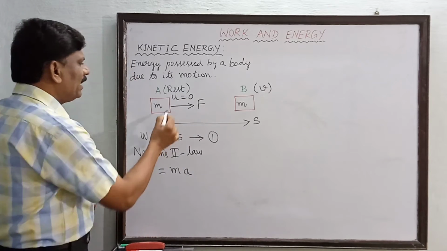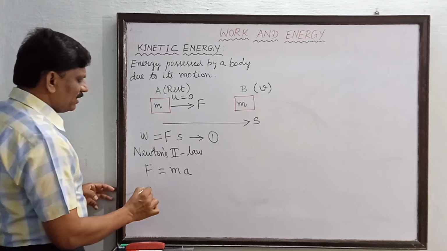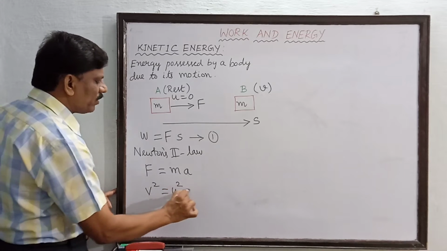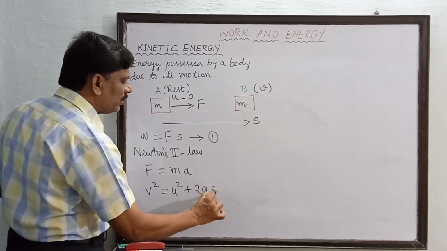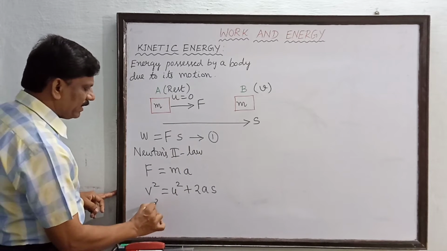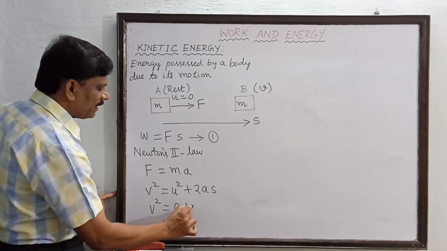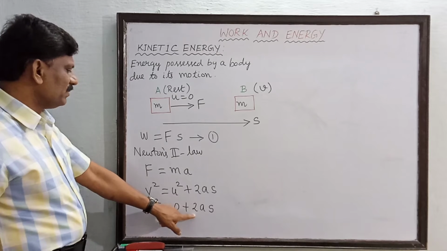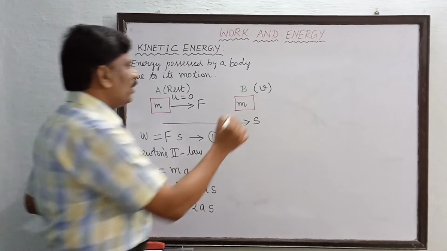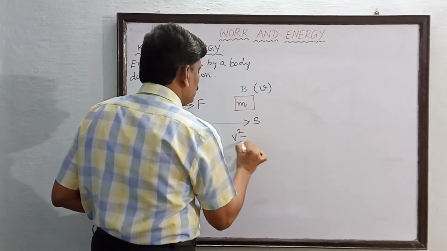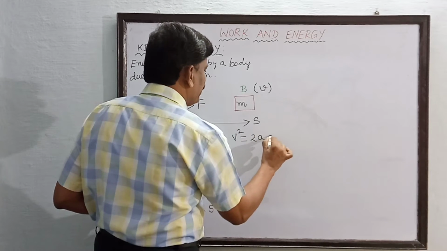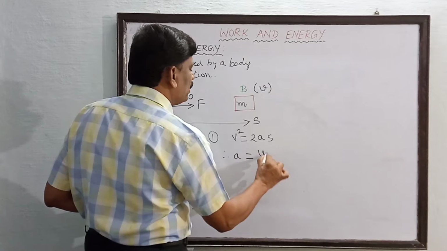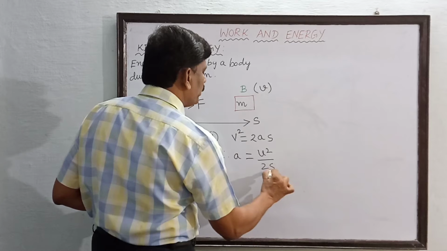So, what should be the acceleration of the body? Using the third equation, V square is equal to U square plus 2 into A into S. So, V square is equal to 0 plus 2 into A into S. So V square is equal to 2AS. Therefore, acceleration of the body is equal to V square divided by 2S.